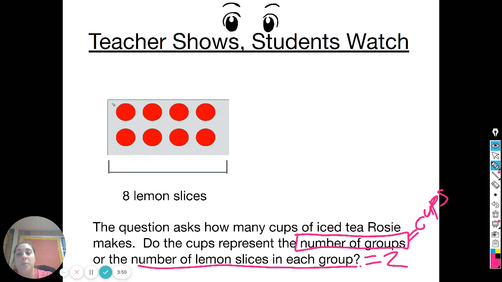And the way we've done that is by putting this little square around it to make it kind of look like that piece of tape that we were talking about. And down here, we have this line here, which is pointing to or grouping the entire tape diagram. And we're saying that in the entire tape diagram, there are 8 lemon slices, okay? So this is what we have in our tape diagram so far, and the only thing that we've shown on our tape diagram is the total, which is the number of lemon slices. And because it's the total, that's why it's pointing to the whole tape diagram.